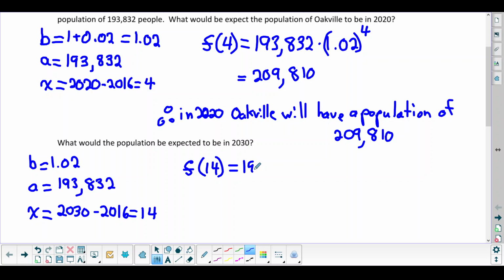So that's 193,832 times 1.02 to the power of 14. Use calculator, 1.02 to the power of 14 times 193,832 is, and we'll have to round a little bit, 255,757.